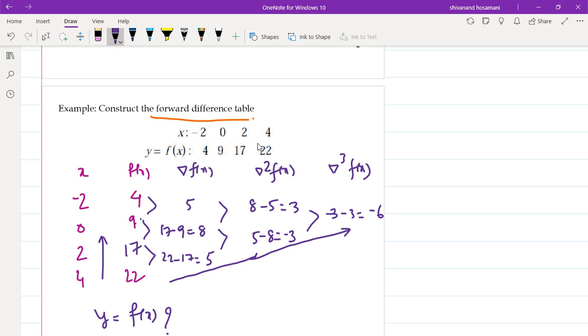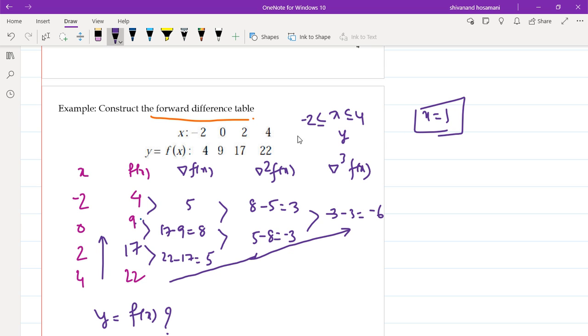This is a range which is given; x lies between minus 2 and 4. Suppose you want to find out the value at x is equal to 1. I don't know the function, and I want to find the value of the function at x is equal to 1 using this table, then how are we going to do it?